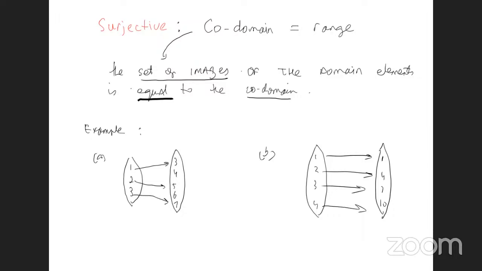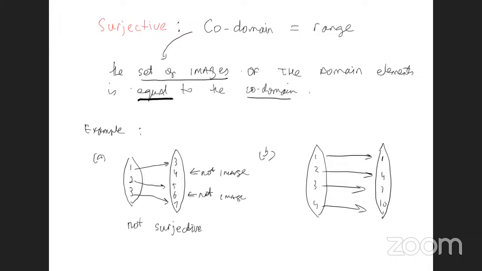By looking at it, is A surjective or not? No. Not surjective, why? Because these values are not images. Every value in the codomain must be an image. So those two are not images.